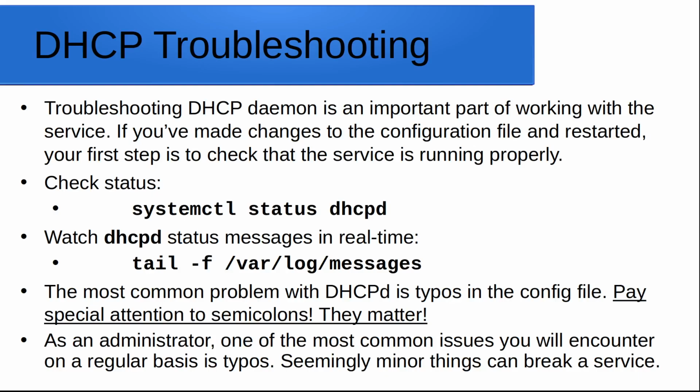Now, for troubleshooting, when something's going wrong with DHCP, usually when you're starting a service and it fails to start, usually means there's a typo in that file somewhere, in that configuration file, or if it's a service like DNS that has more than one configuration file, it could be in a couple different places.